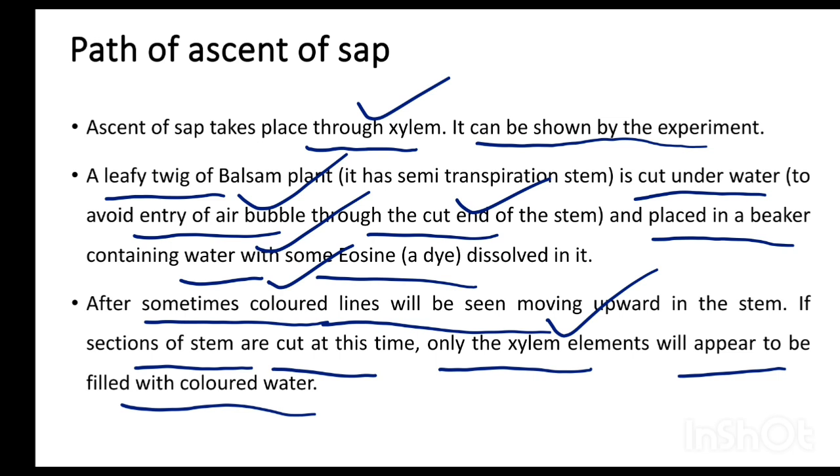So after placing it in colored water, when we cut the transverse section of the stem, we can observe that only the xylem elements are colored. It simply proves that the xylem is responsible for upward movement of water from root to the topmost part of the plant.